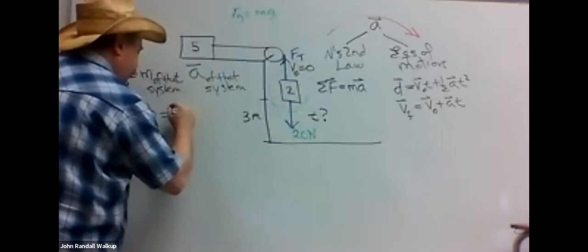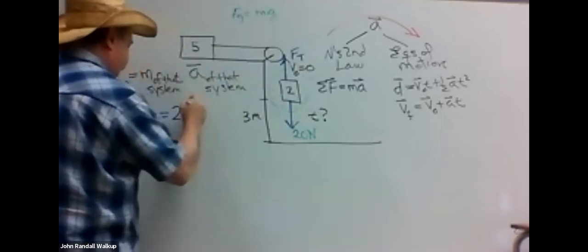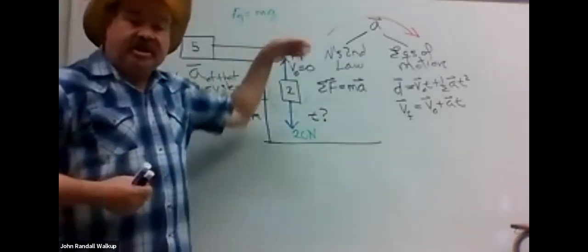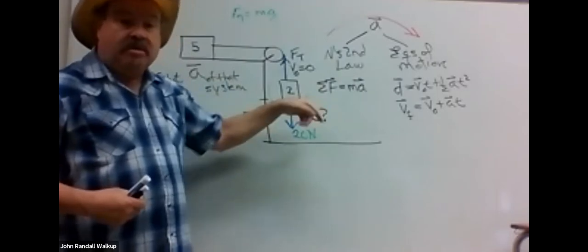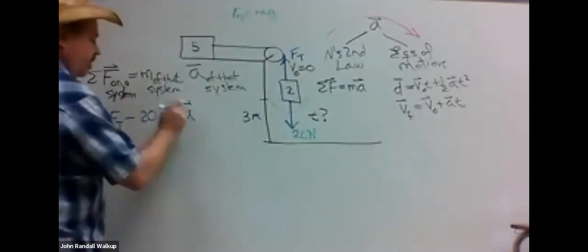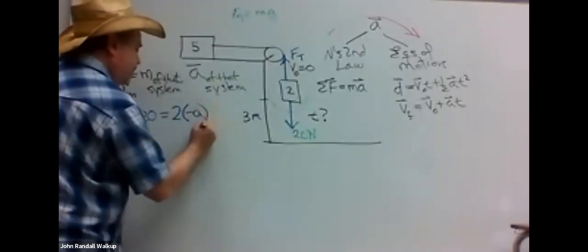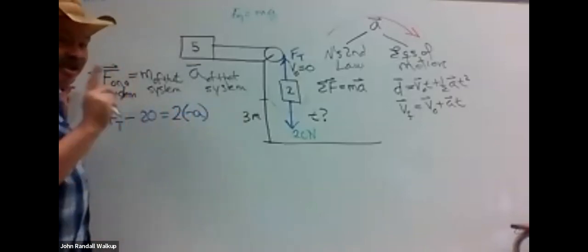So this is 2 times the acceleration. Now, one thing I know is the acceleration points down, doesn't it? When I let go, I know it's going to accelerate downwards. So I can go ahead and stick in here -a and take the arrow off. Those who put +a in here will not get the right answer.